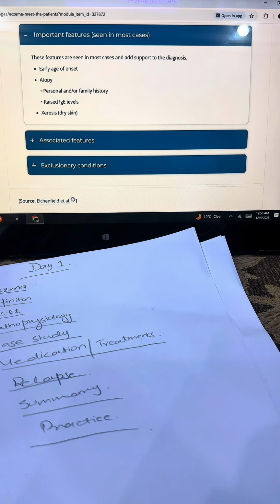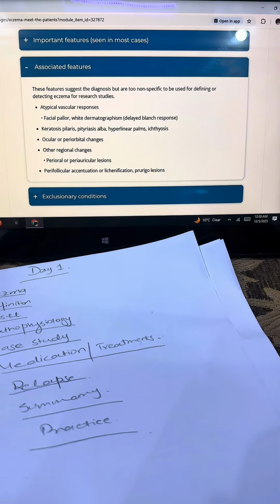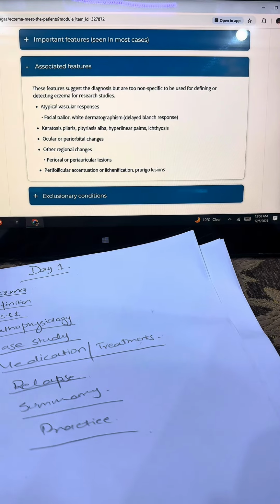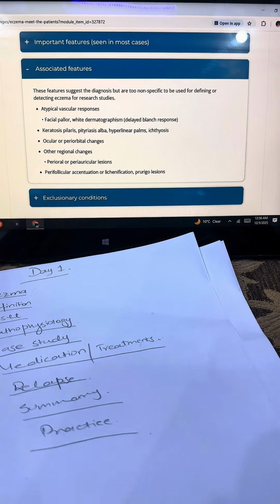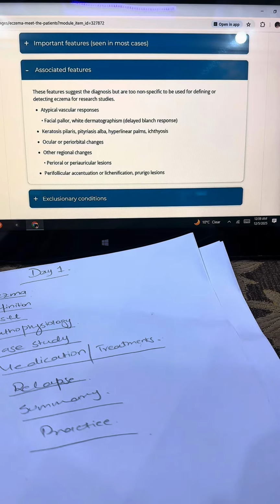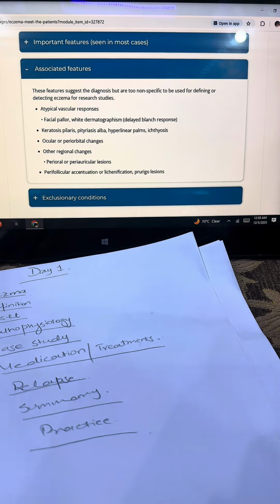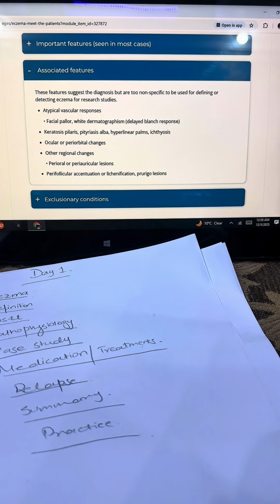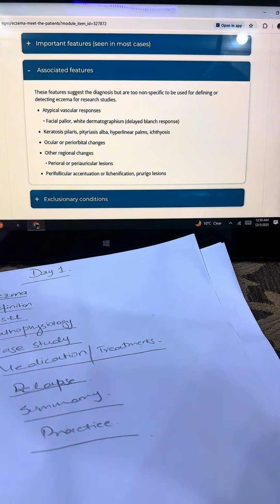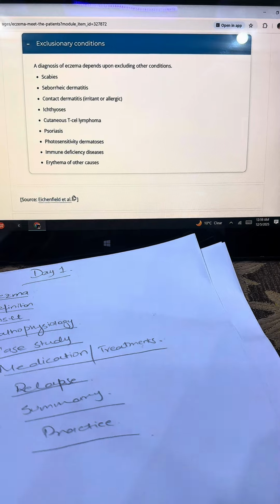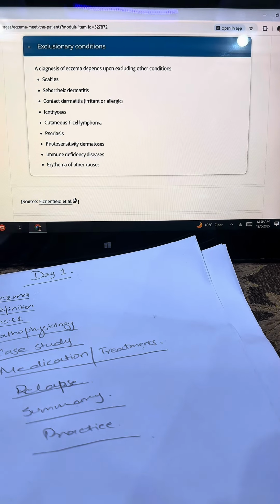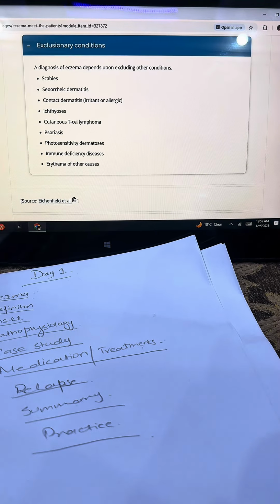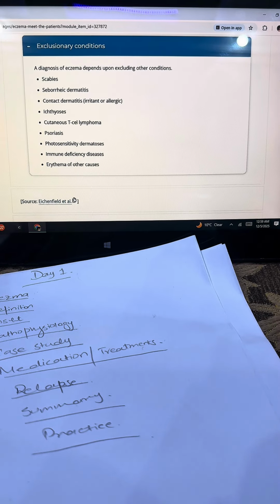Associated features include atypical vascular responses, keratosis pilaris, facial pallor, white dermatographism, delayed blanch response, and other regional conditions, periorbital and periocular lesions, and perifollicular lesions. And the last condition may include scabies, seborrheic dermatitis, ichthyosis, psoriasis, and cutaneous T-cell lymphoma.